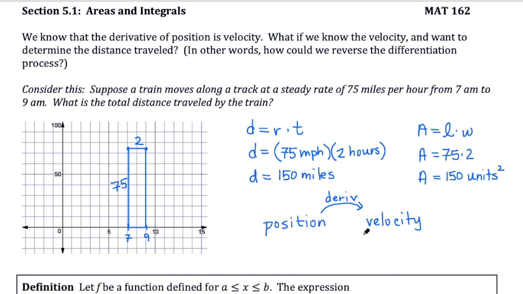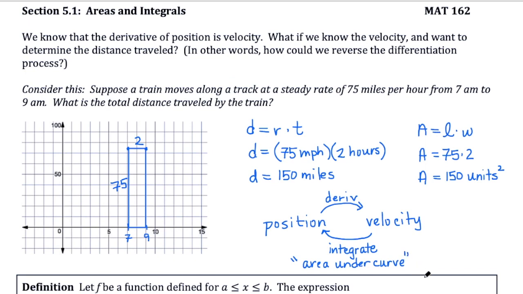Well, if we go backwards, if we start with the velocity and want to know the position, that's known as integrating. And it involves finding what we call the area under the curve.